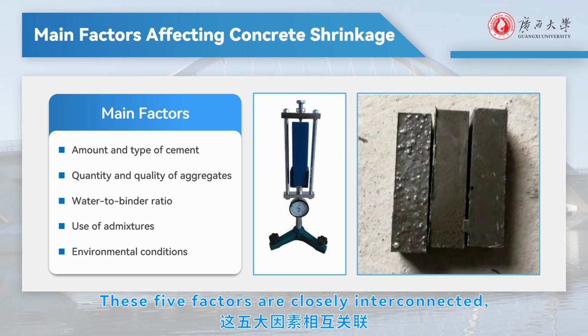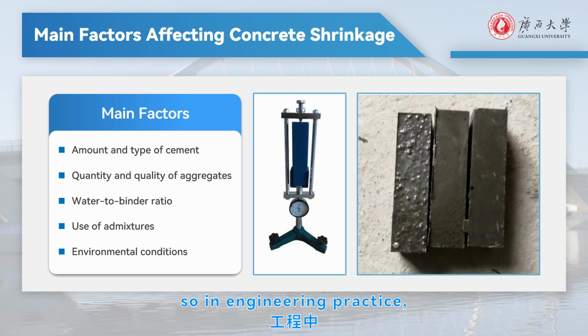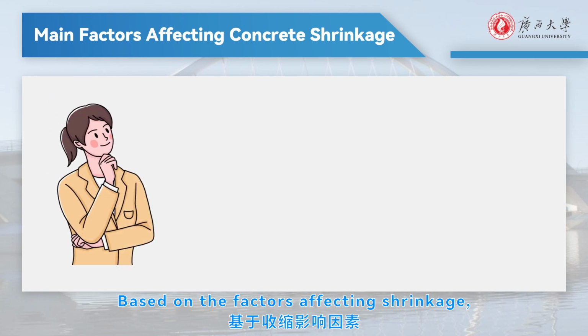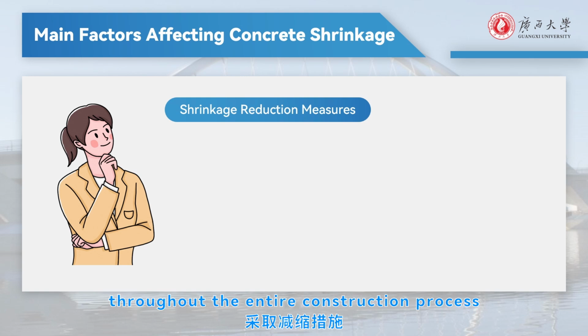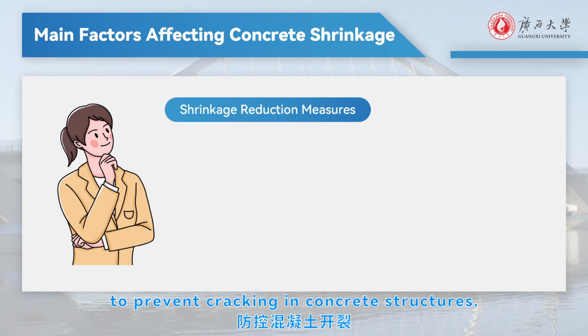These 5 factors are closely interconnected, so in engineering practice, they must be controlled in a comprehensive and coordinated manner. Based on the factors affecting shrinkage, shrinkage reduction measures can be implemented throughout the entire construction process to prevent cracking in concrete structures.